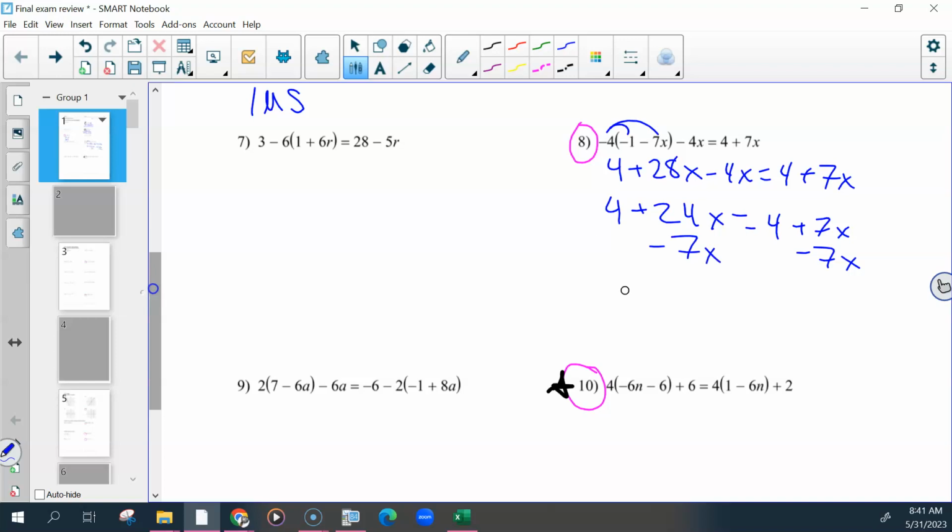Let's also do the 4 at the same time. So subtracting 4 and subtracting the 7x. This side would completely be 0. What would the other side be?